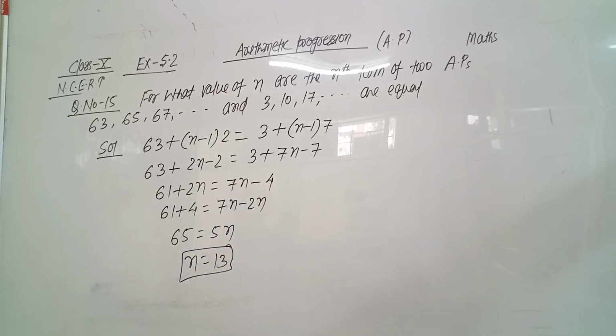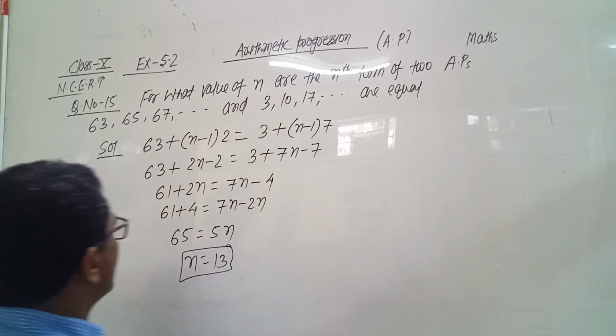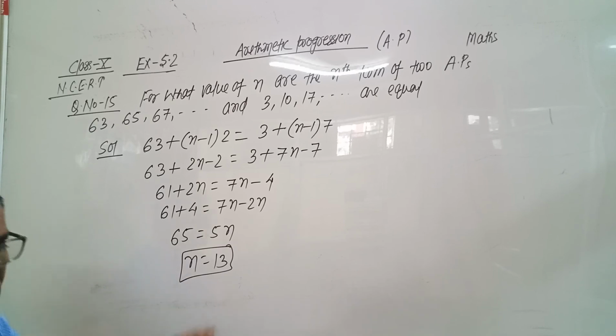So the value of n for which the nth terms of both the APs are equal is 13.